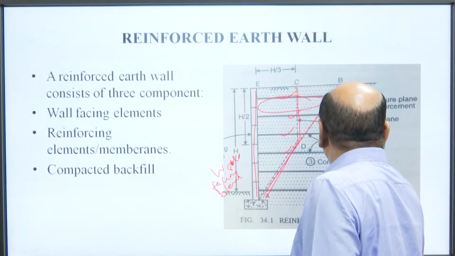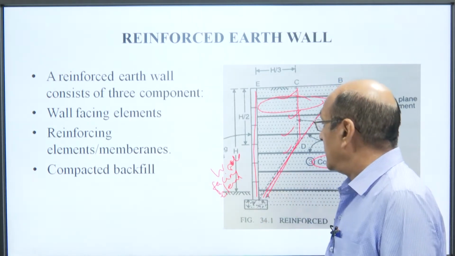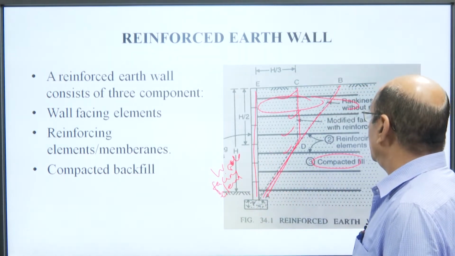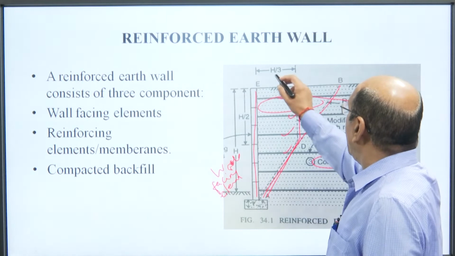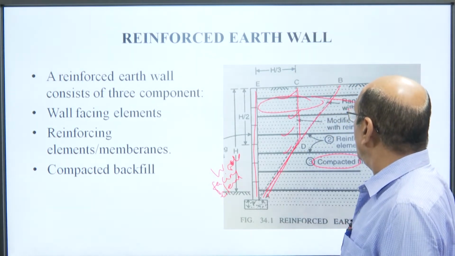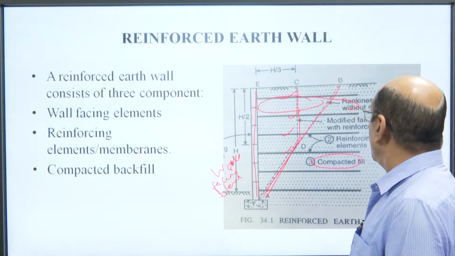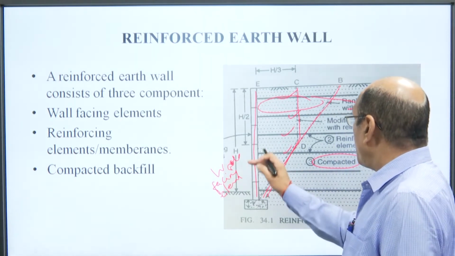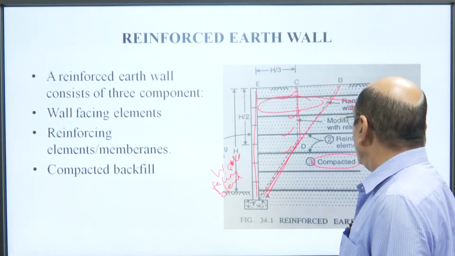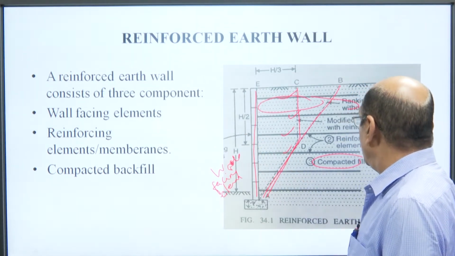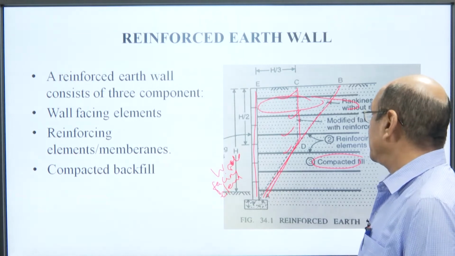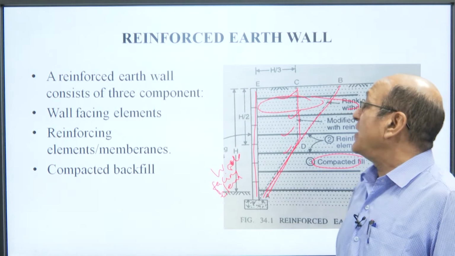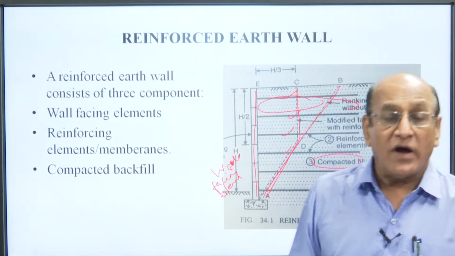This is the compacted fill, the third component of the reinforced earth. We can see here by H by 3, this is the modified failure plane and the force will act at H by 2. Here we can see this is a reinforcing element. So, this is the diagram of a reinforced earth wall.